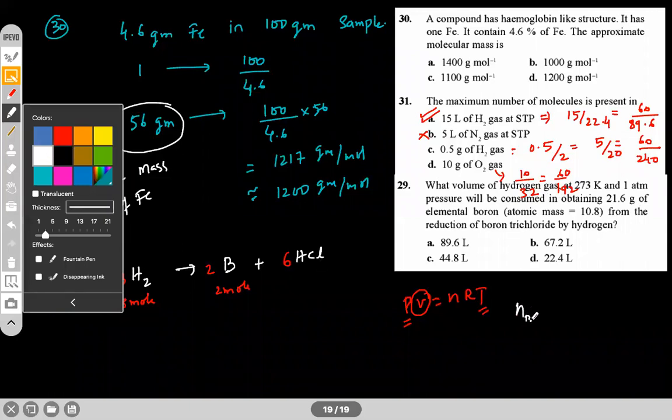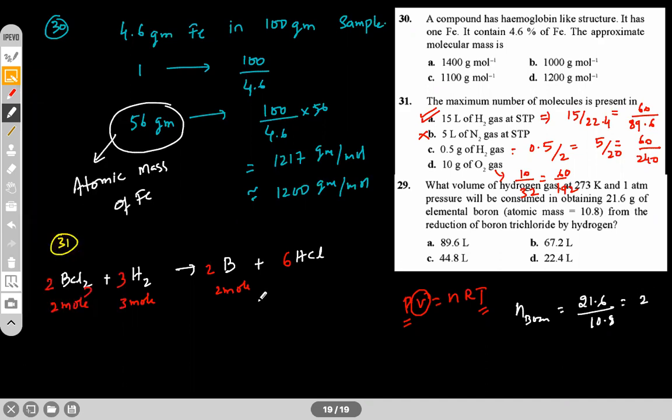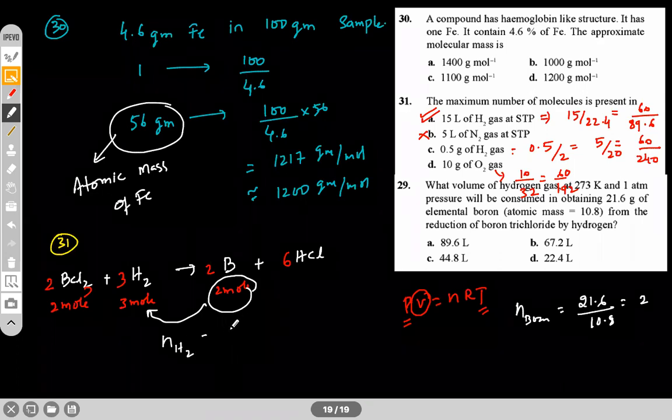Number of moles of boron is 21.6 divided by the atomic mass of boron. 10.8 is the exact value, 11 also we can consider. So it is 2 moles of boron. Now for 2 moles of boron, how many moles of H2 are required? 3 moles.